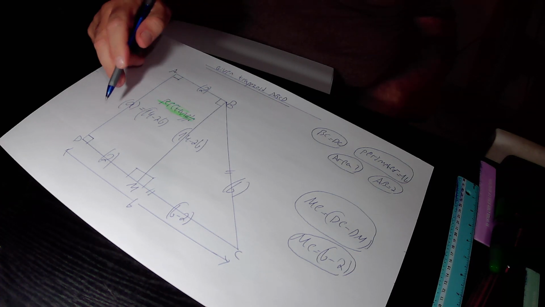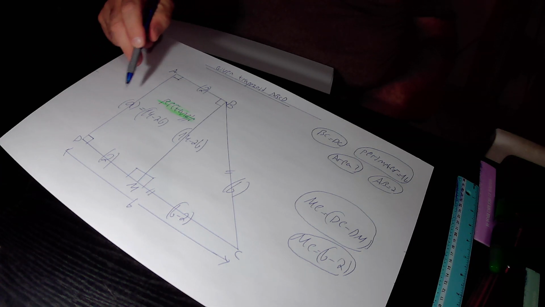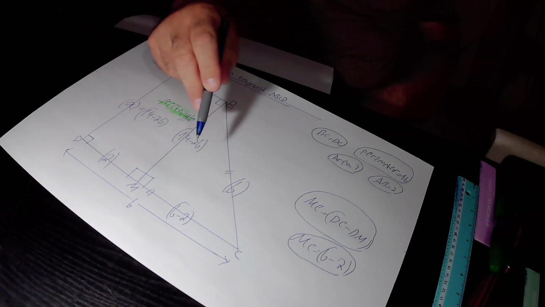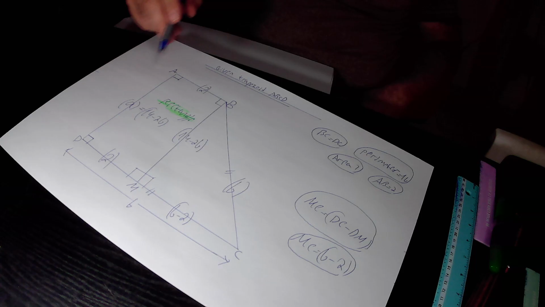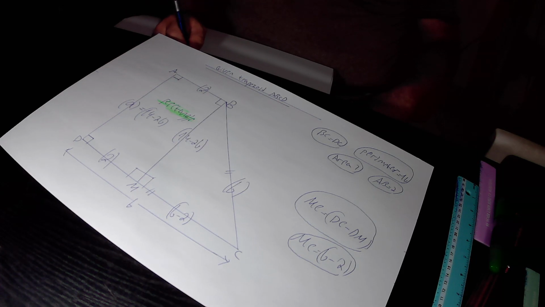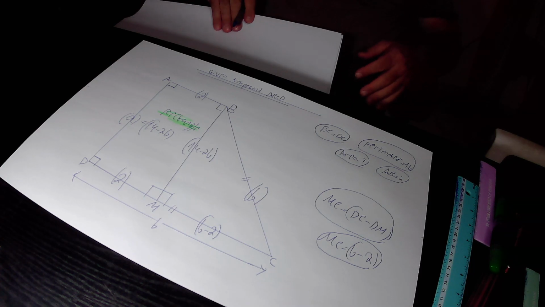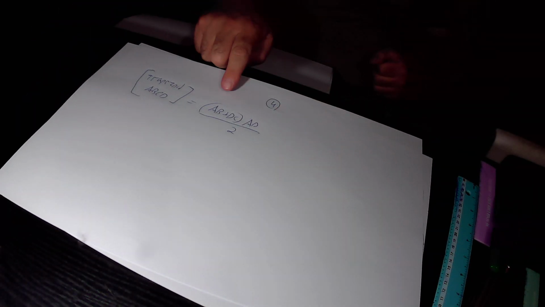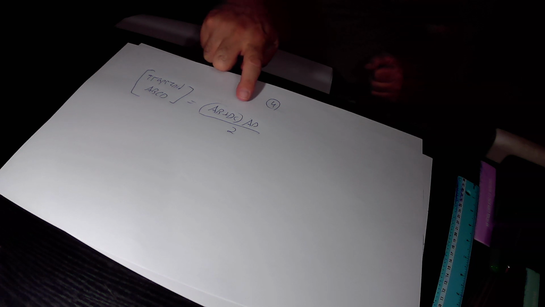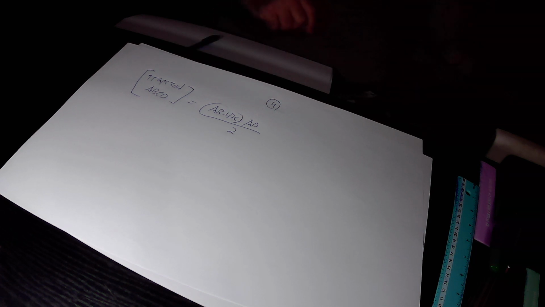The height must create 90 degrees with the two bases. Here AD creates 90 degrees with the two parallel bases, therefore AD is the height. And again, the area of this trapezoid ABCD is equal to the sum of its two parallel bases, AB plus DC, times the height AD over 2.